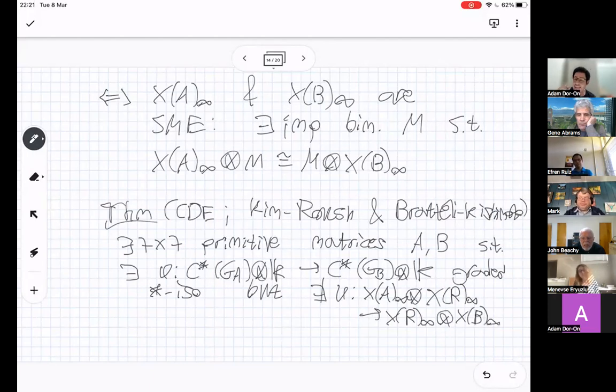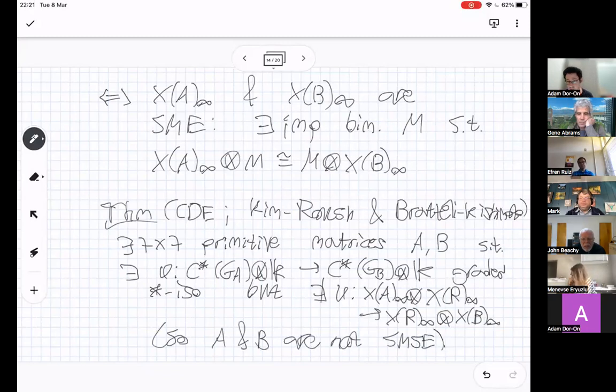And this is for any choice of shift equivalence that you may take and any choice of path isomorphisms that you may take. This will not happen. So A and B are not strong Morita shift equivalent. This tells you, in highest resolution, what the issue really is.